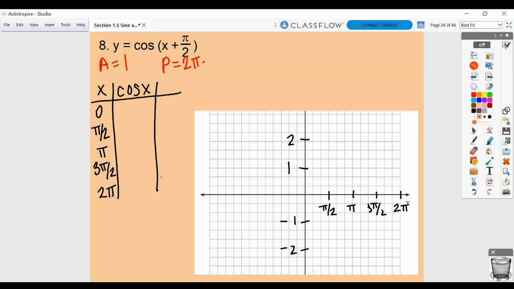Okay, the original cosine would be 1, 0, negative 1, 0, 1. And then you're shifting, maybe this will help. You're shifting over to the left because it's opposite.